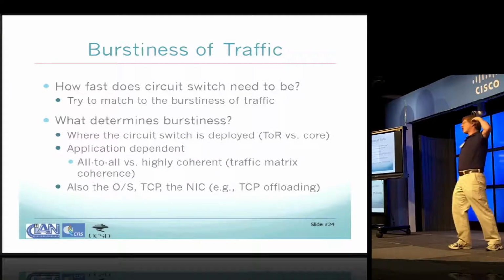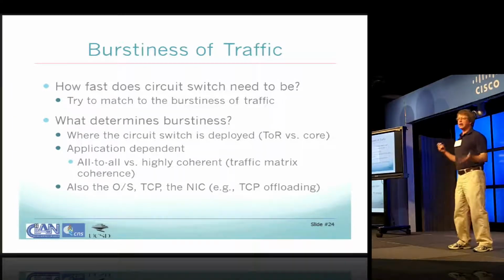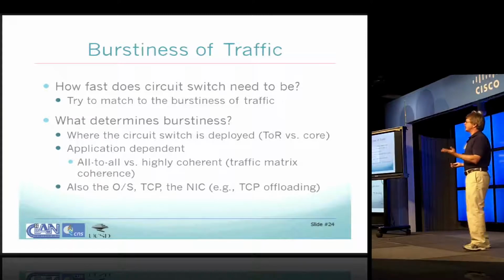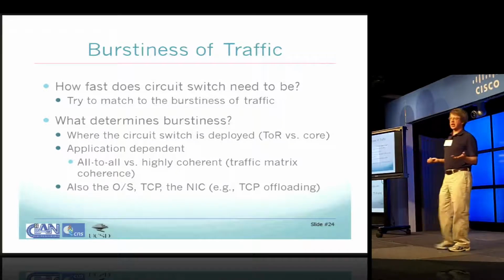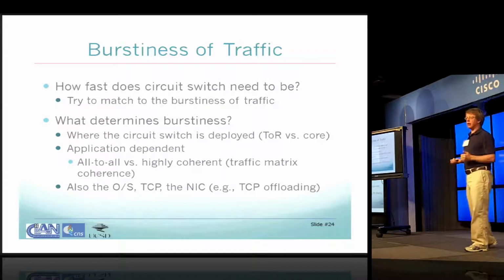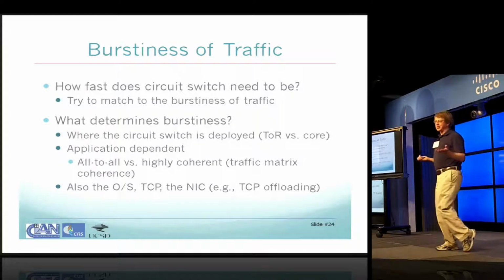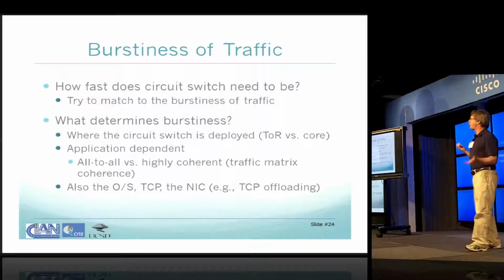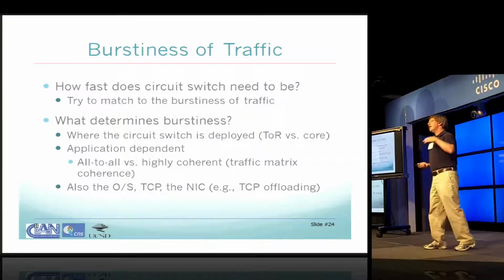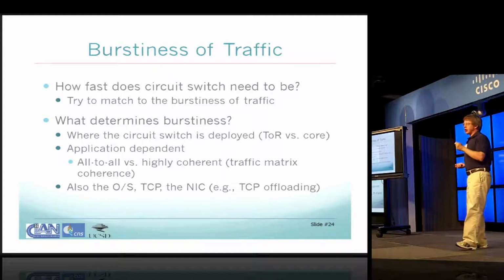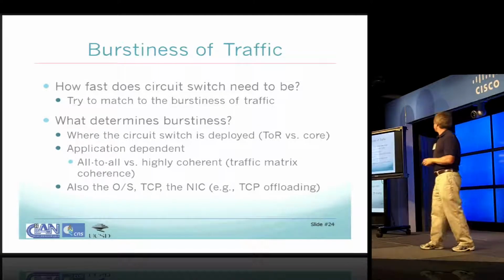That's because that traffic is so heavily aggregated that they can deal with the fluctuations on a minute time scale. How fast would a circuit switch have to be if you were that far up in the network? 1 second's plenty fast enough because the control plane isn't reacting any faster than that. So that's why where you are in the network determines how fast your circuit switch needs to be.